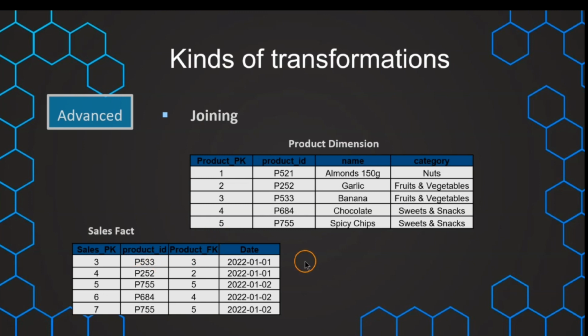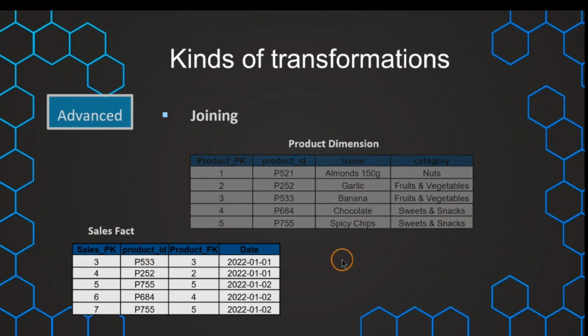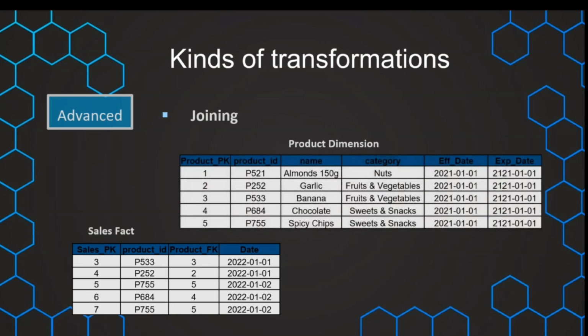So this is something that we can do, but sometimes, if we talk about slowly changing dimensions, we can also have an effective and expiry date. And this is then also in conjunction with a filtering or a second condition that the date in our fact is in between the effective and expiry date, because otherwise we could get multiple values of the same natural key.